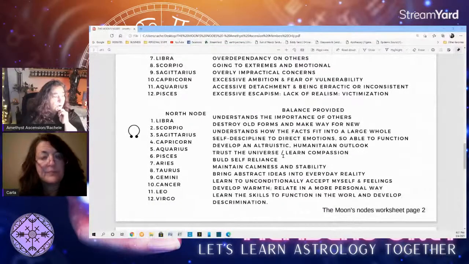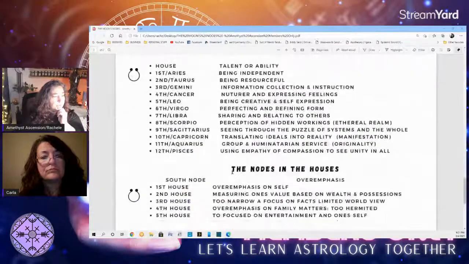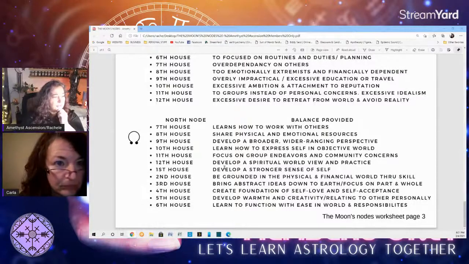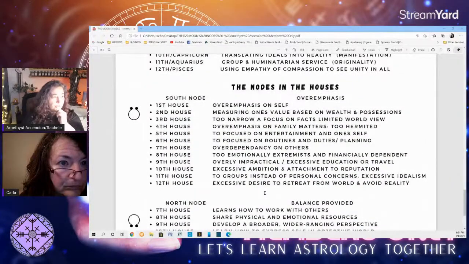And your north node, is that right? In Gemini. So the 7th house. Wait a minute, let me go down here. It's always easier for me with the houses for some reason. Okay, the 7th house learns how to work with others, is your north node. Right?